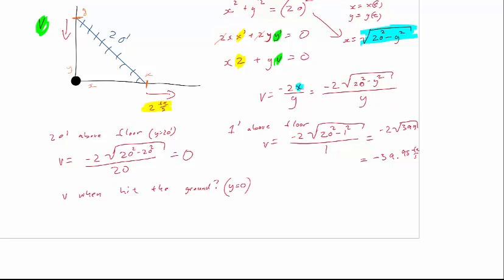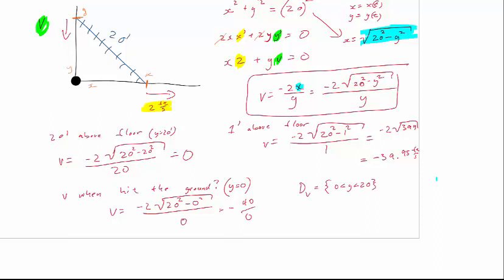So you plug that in, and you get the velocity equals negative 2 times the square root of 20 squared minus 0 squared, all over 0, which causes you to have a divide by 0 error, which we cannot do, and so therefore when it actually hits the ground, we've got a divide by 0 error, so we cannot include that in the actual domain for the problem.